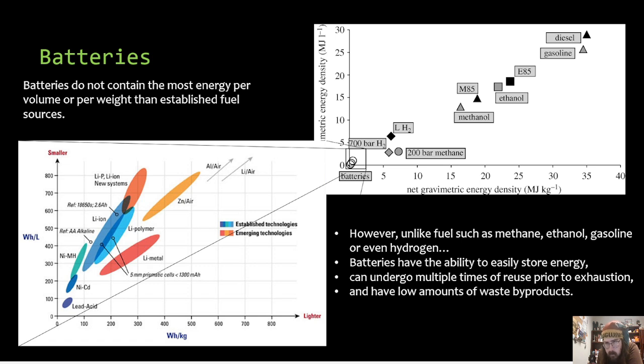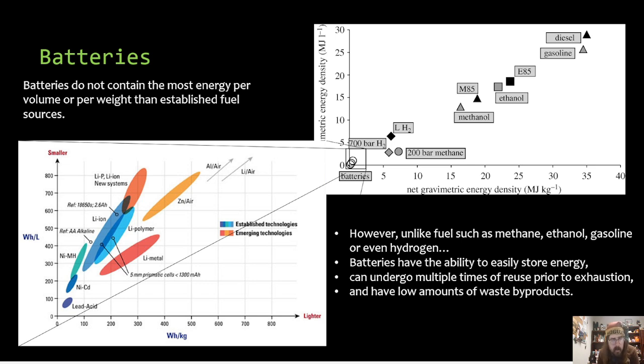We can usually go through multiple periods of reuse depending on what they are. Some things are not necessarily rechargeable, but a lot of them are. And a lot of these have low waste byproduct.